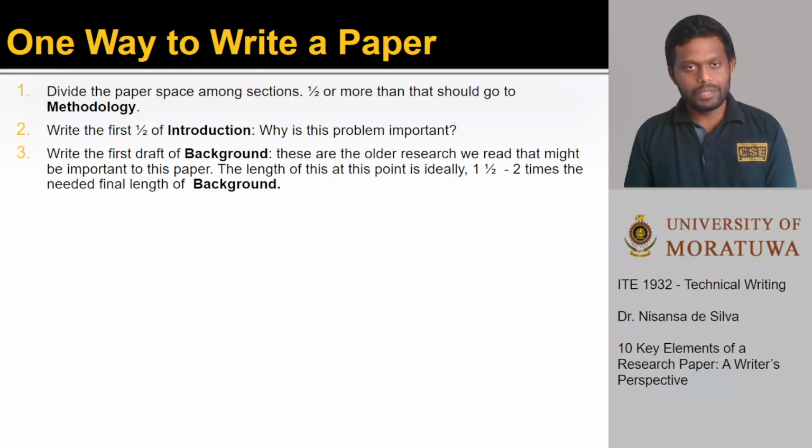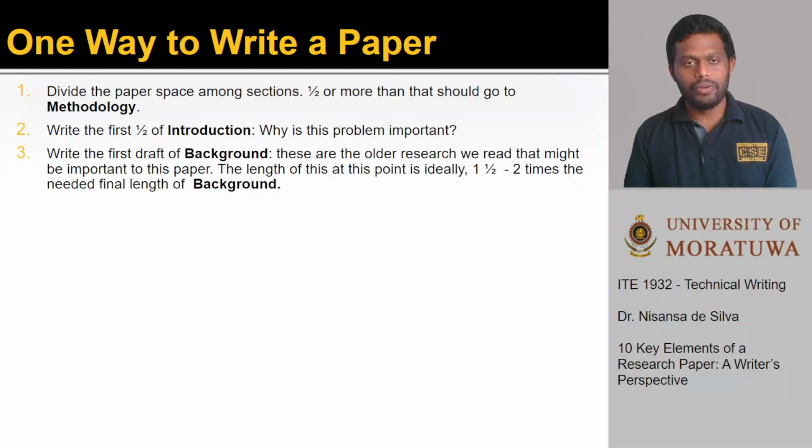And at this point in time, it is okay if what you have written for the background is 1.5 or 2 times the actual final length of the background. So if you need a 1-page background, it is okay at this point if you have a 2-page background or a 1.5 page. You can come and trim the fat later in the process.